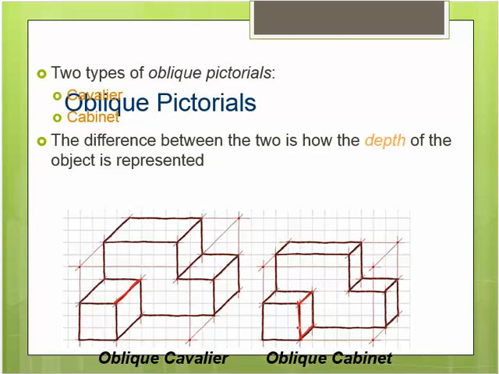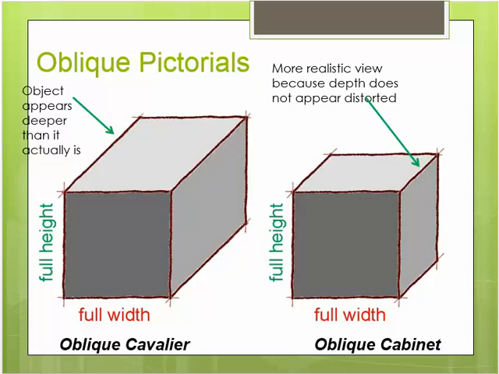And that's the difference, is basically they go half the depth on oblique cabinets. And that's what we're showing you here. They both go full height, full width, full height, full width. If they go full depth here on this one, then it doesn't really appear to be a square.